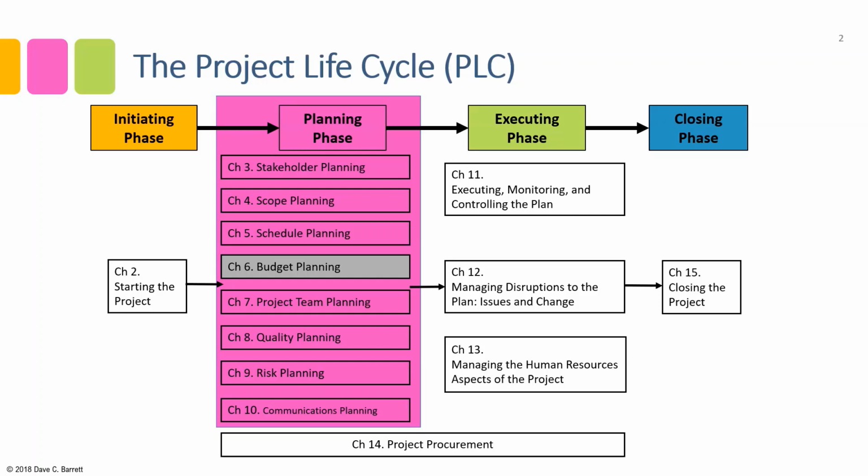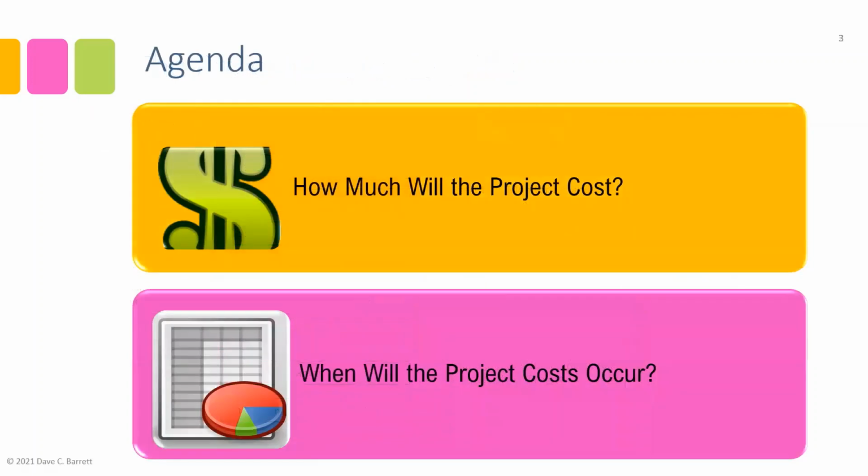It is the cost of the project. There is normally a limited budget available, and it affects the profitability or the budgets of the organization. So budget planning is extremely important for a project manager. That's what we're going to be looking at in this video.